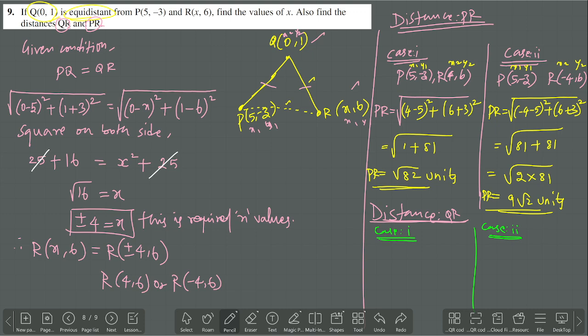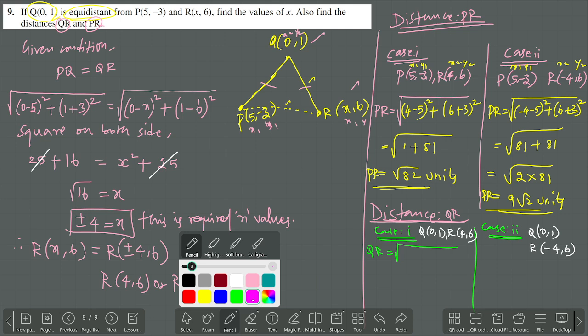Right. Square root QR, square root of, oh, I didn't write Q point, sorry. What is Q point? Here, 0 comma 1. What is R point? 4 comma 6. And here Q point 0 comma 1, R point minus 4 comma 6.